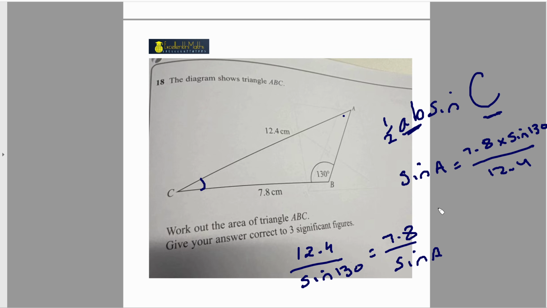Then I click shift sine to find the angle. I get 28.807, which I'm going to say is 28.81. I like to keep it like that because I'm going to round at the end, so it's better to keep as many digits as possible.